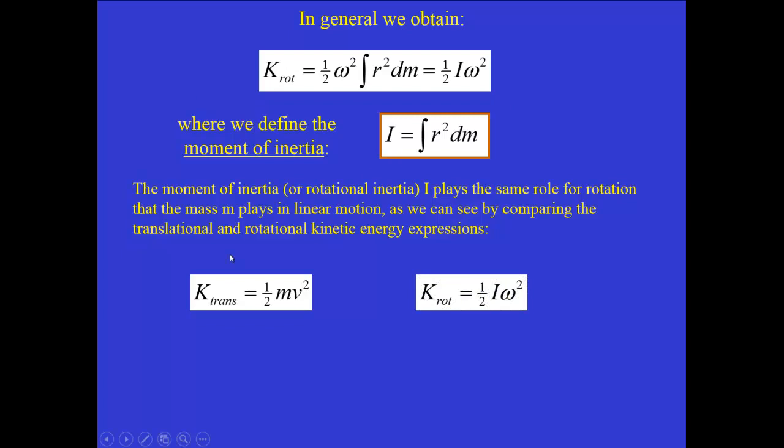So translational kinetic energy of a mass m is 1/2 mv squared. Rotational kinetic energy for an object that has a distribution of mass around a rotation axis is 1/2 I times omega squared.